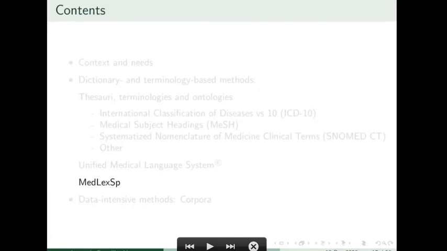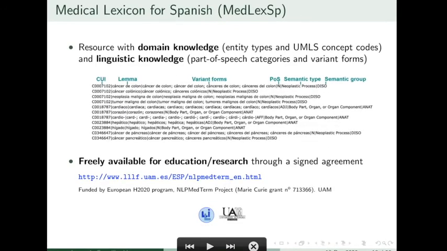I want to introduce the MedLex Lexicon, which is a resource we developed in a recent project at Universidad Autónoma de Madrid. This lexicon includes domain knowledge, entity types, and UMLS concept codes, and linguistic knowledge, such as part-of-speech categories and variant forms.